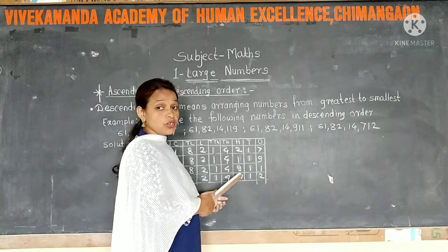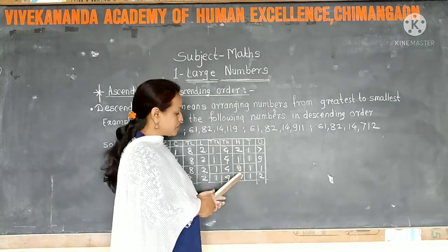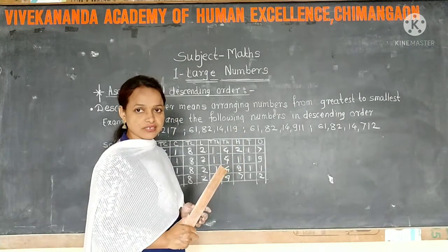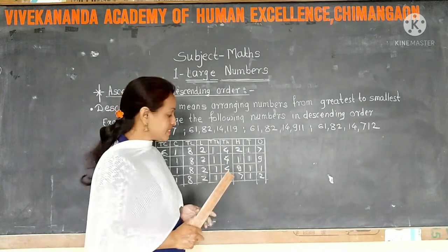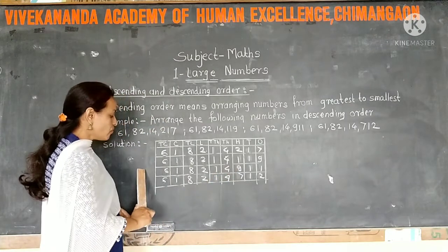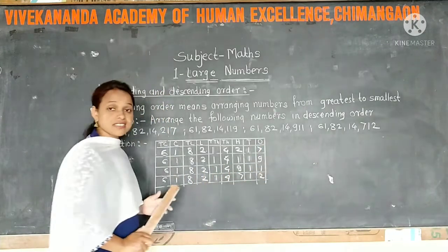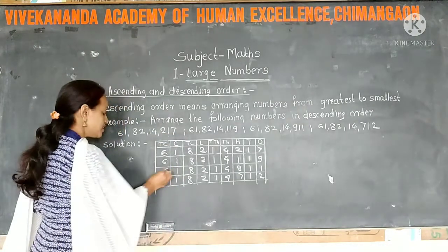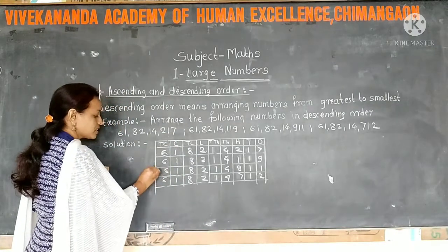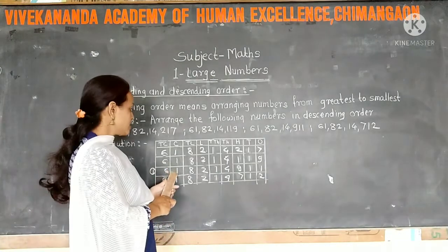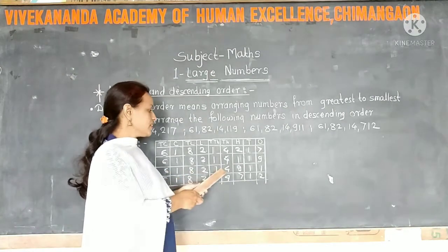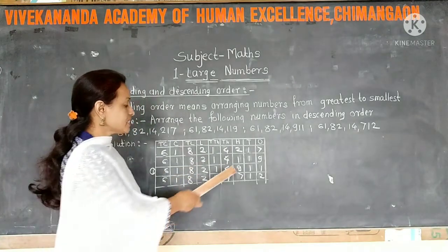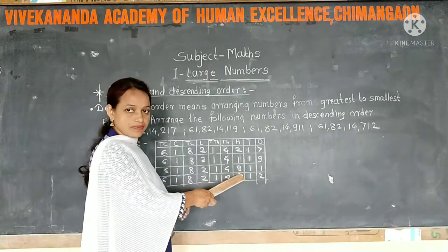Now we have to find a first greatest number. So among these 4 digits, 9 is the greatest digit. So here 100 digit of this third number is greatest. So among these 4 number, greatest number is third number, which is 61 crore 82 lakh 14,911. Now smaller than this, less than 9 is 7.